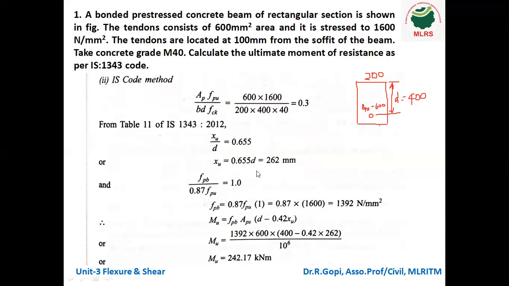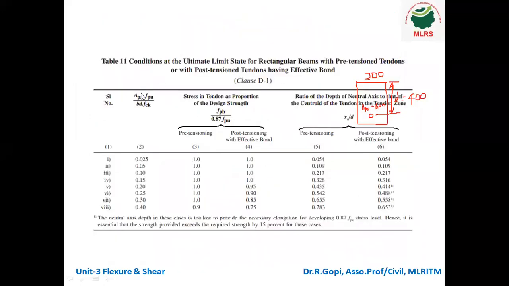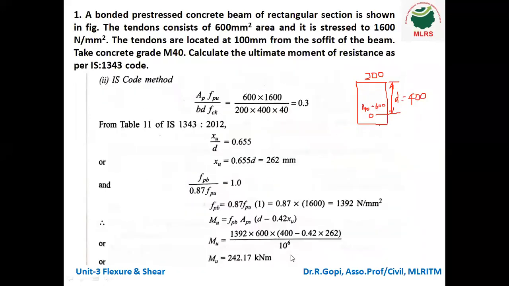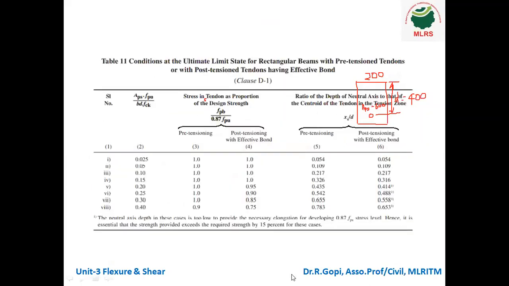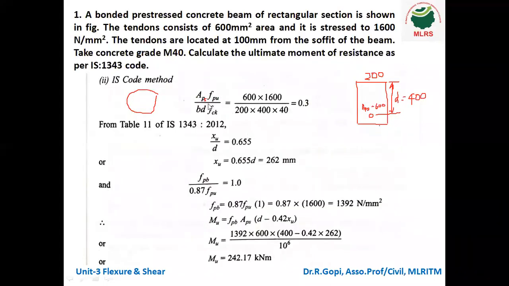So as we already discussed, what we have to find first? APS. Actually, this is APS. So please see the table. Once you see the table, first we have to calculate the ratio of APS into FPU divided by BD into FCK. You can see here I calculated APS equal to 600 mm square.